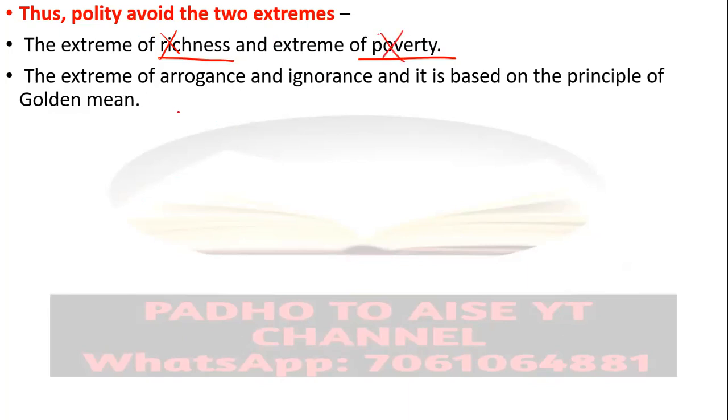In order to avoid the extremes of arrogance and ignorance, and to take the golden mean into account, Aristotle went with polity. So polity is the second best form of government, and it is best practicable. So therefore, the choice for Aristotle at the end is polity. You already know monarchy is the best form of government, but monarchy is not best practicable.